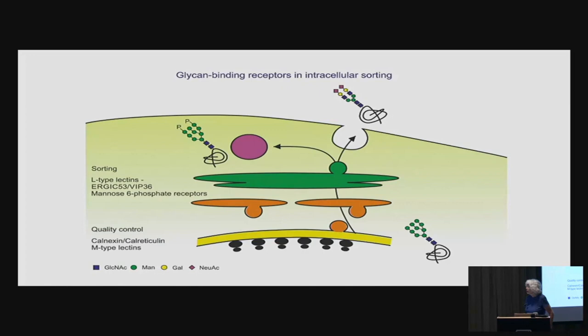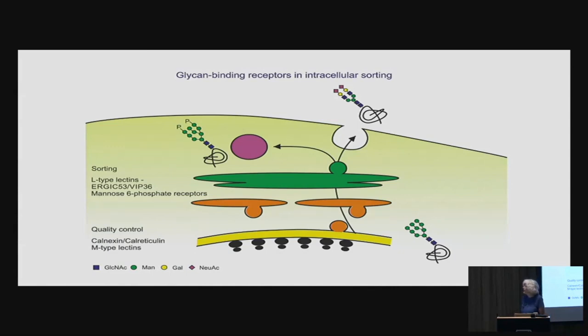And then there's another group of lectins, the M-type lectins, which mediate ERAD, endoplasmic reticulum-associated degradation, whereby terminally misfolded proteins are targeted for degradation. And this is through recognition of these types of glycans which are present on all of the newly synthesized glycoproteins.